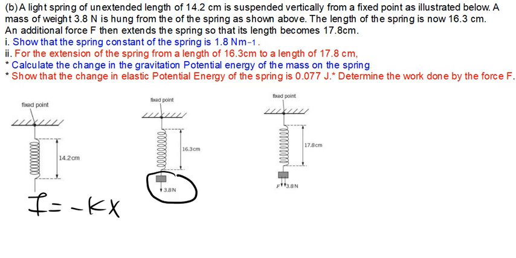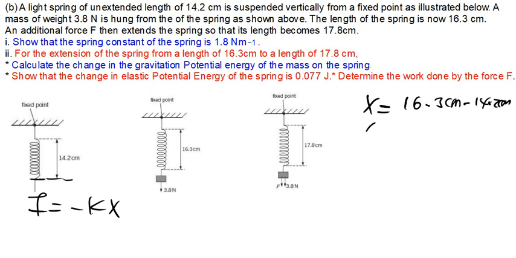So to find the x will be equal to 16.3 centimeters minus 14.2 centimeters. So my x will be equal to, if I get my calculator, I say 16.3 minus 14.2. I'm getting 2.1. So my x is 2.1.